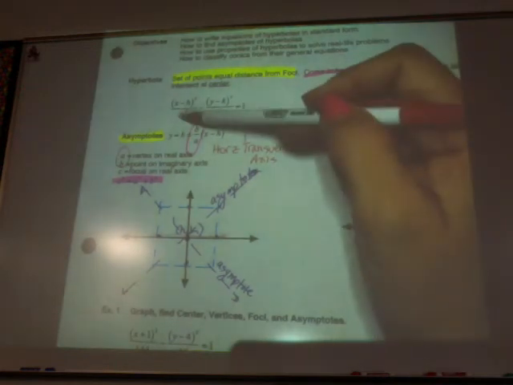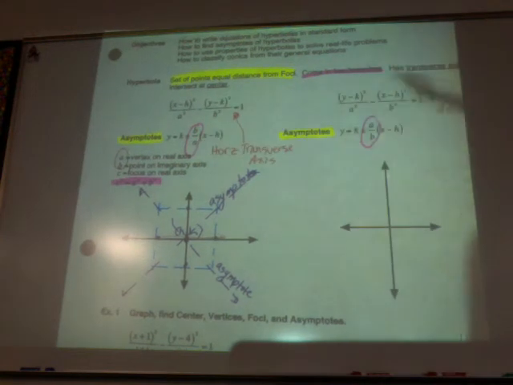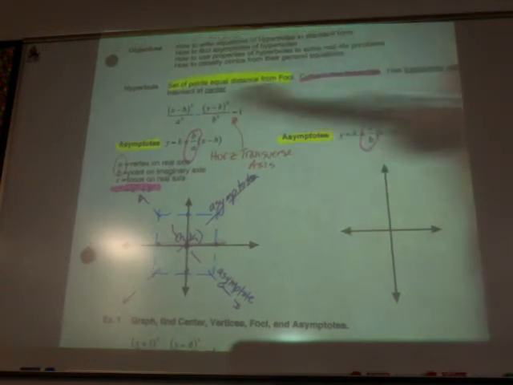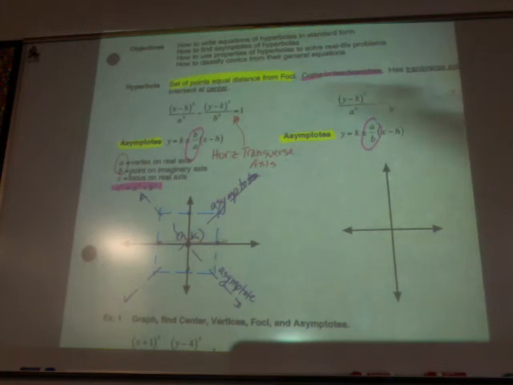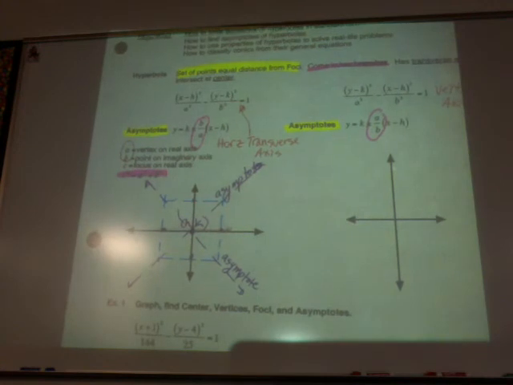So if in your original problem, A squared is underneath your X, A is underneath here. In your second equation, your B squared is underneath your X, your B is underneath here. If I were you, that's how I'd memorize it. But you are going to have to know these and these. This one's easy. You should already have that memorized now, right? So you've got essentially a week to get those under your belt. You can do that. All right, then you're going to end up creating your foci.